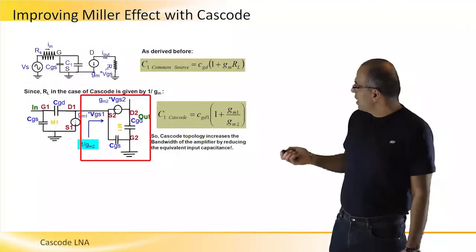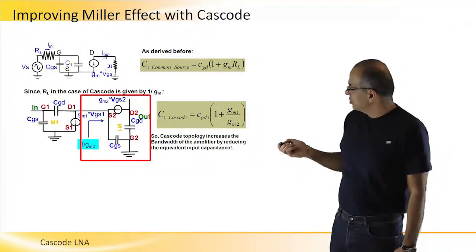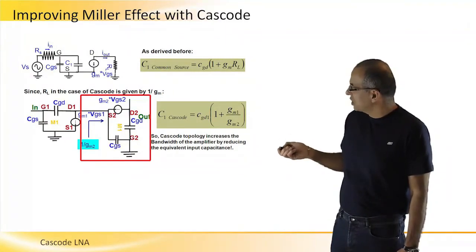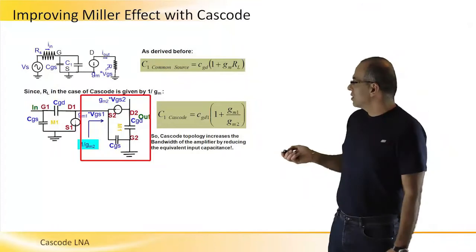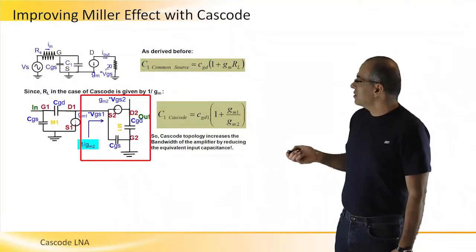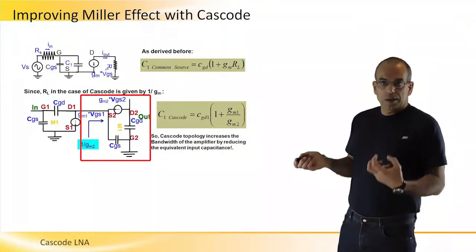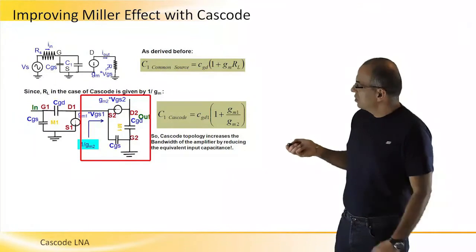So we have analyzed before and found that Zin to the second transistor, to the Cascode transistor, is roughly 1 over gm at low frequencies. And this is going to be the load to the first one.